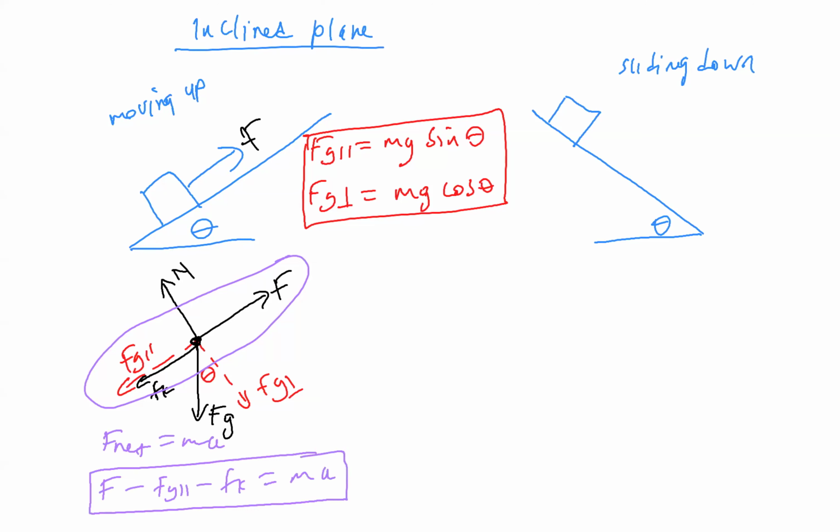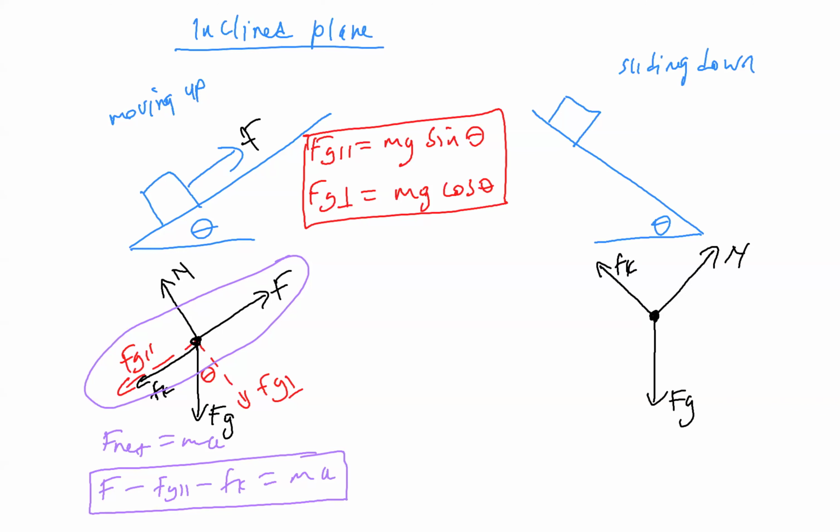On the other block, let us indicate the normal force first. This is the normal force acting perpendicular to the surface. Then this is the weight, Fg, the weight of an object. And here, because this object is sliding down, we're going to have frictional force in this direction.